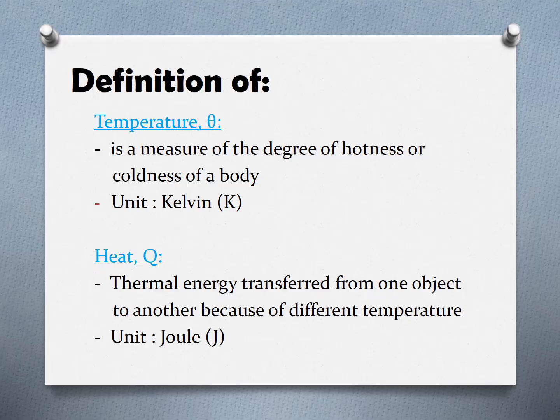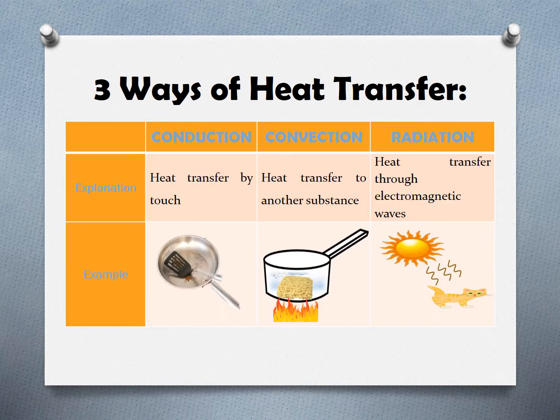Let's go. So what is the definition of temperature and heat? Temperature is a measure of the degree of hotness or coldness of a body, and its unit is Kelvin, while heat is thermal energy transferred from one object to another because of different temperature, and its unit is joule.